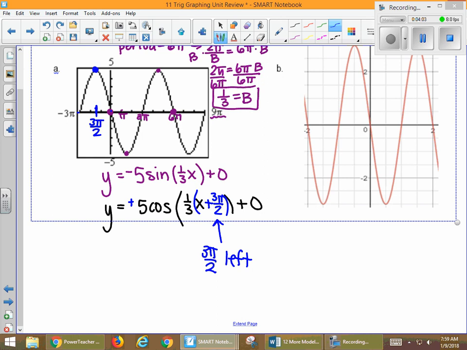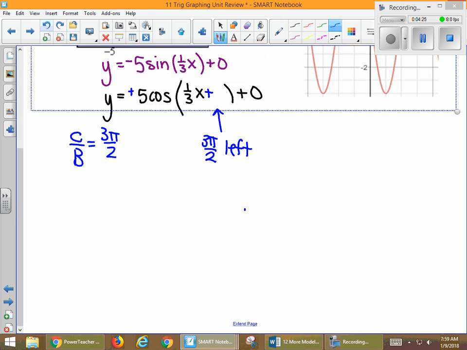If you think you're in danger of not remembering that extra set of parentheses, then you need to do the math that we've been kind of doing backwards there, where we do C over B as our phase shift. So C over B is our phase shift. Our phase shift is 3 pi over 2. But we know B. B is 1/3. So C over 1/3 equals 3 pi over 2.